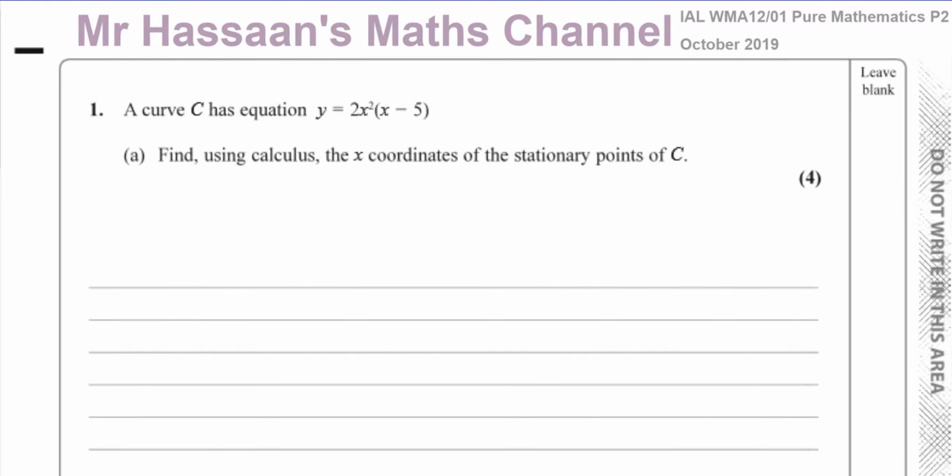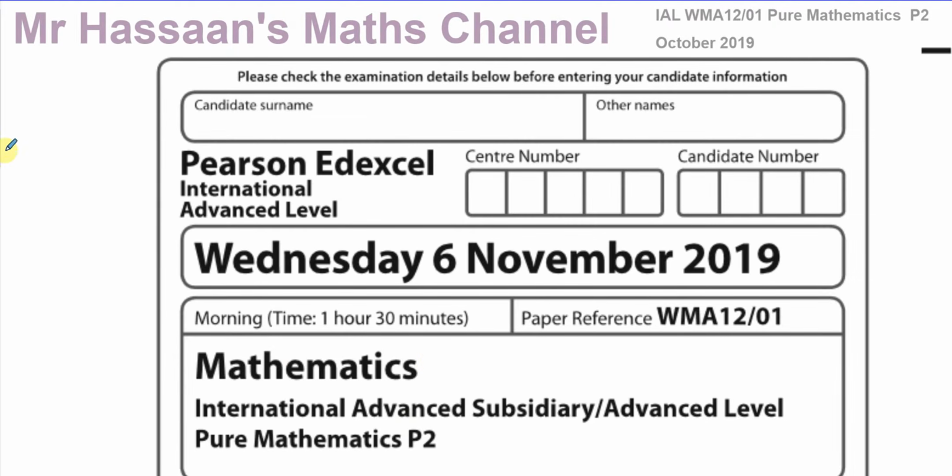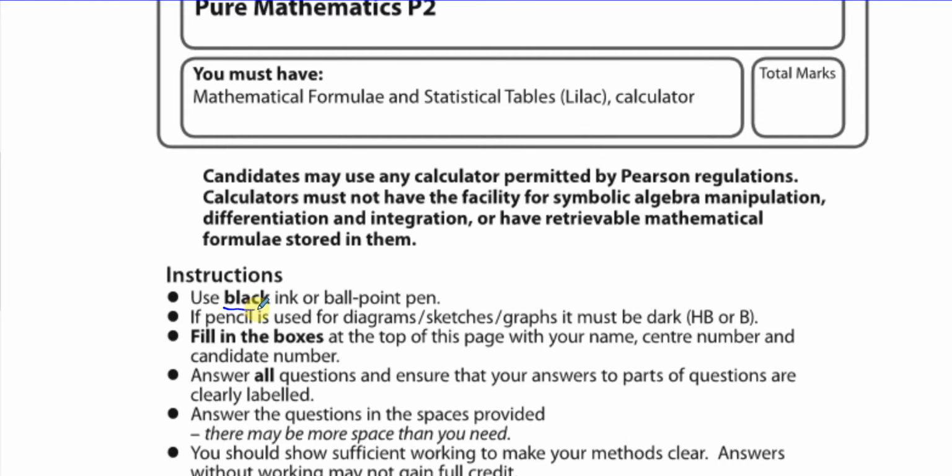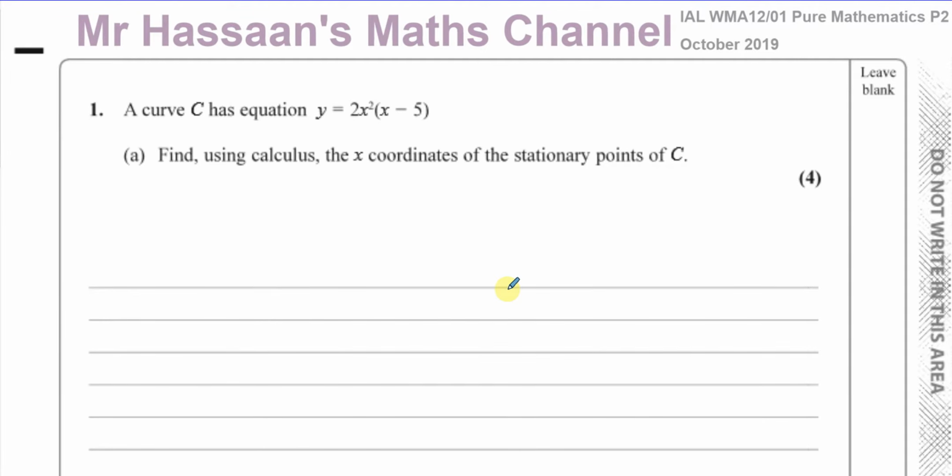First of all, by the way, the instructions tell us to write in black ink. In your exam, you must write in black ink, as they put in bold here. And if you use a pencil for diagrams, which you should do really, it must be dark HB or B, because they scan these papers and send them to the examiners in electronic format, and dark ink scans better.